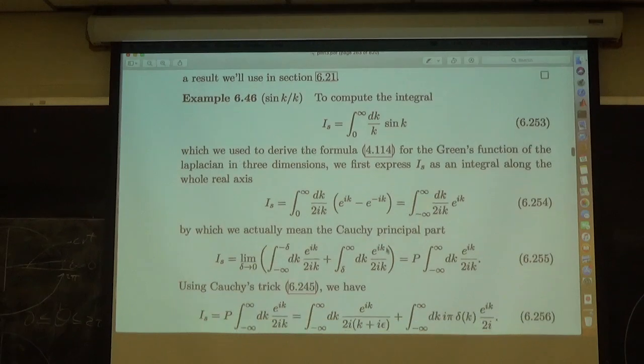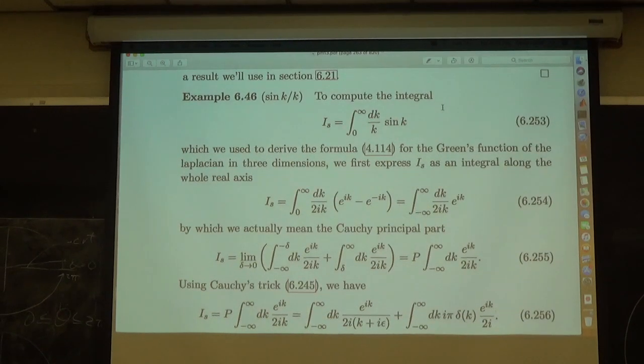All right, here's an example of an integral that we quoted before. We used it in chapter 4, so it's worth maybe doing. So this integral I sub s, I don't know why I called it s, I guess s for sine. The first thing we do is we write sine as two exponentials, e to the ik minus e to the minus ik over 2i.